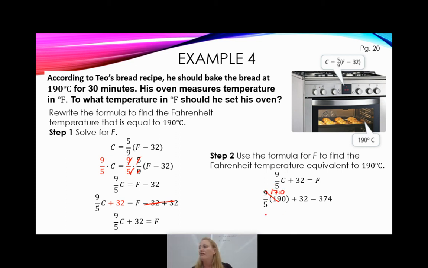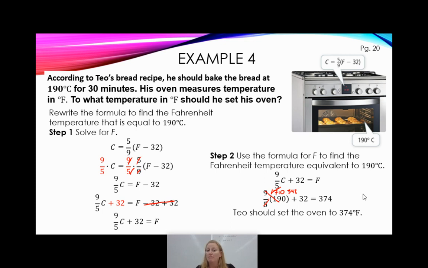And then we'll divide by 5. If we do that, then we end up with 342. Add 32, and we get 374. All right, sweet. So Teo should set the oven to 374 degrees Fahrenheit, which is good because you don't want to burn your bread. Nobody wants that.